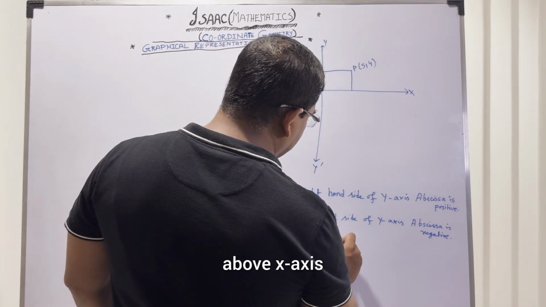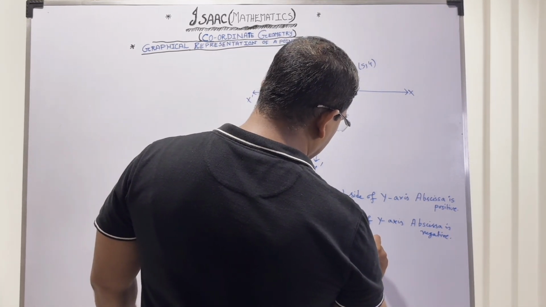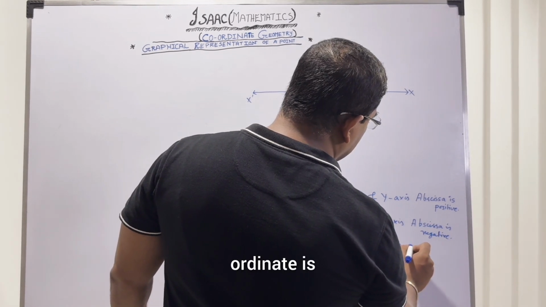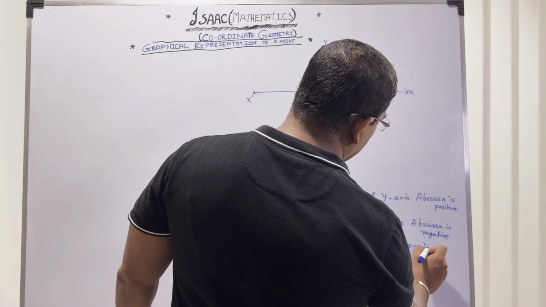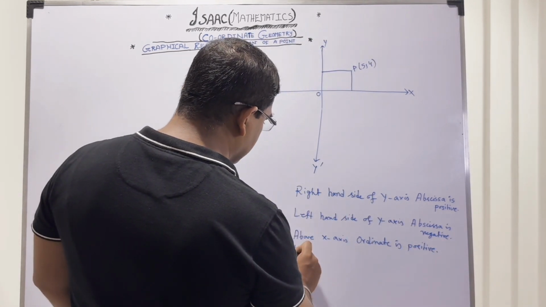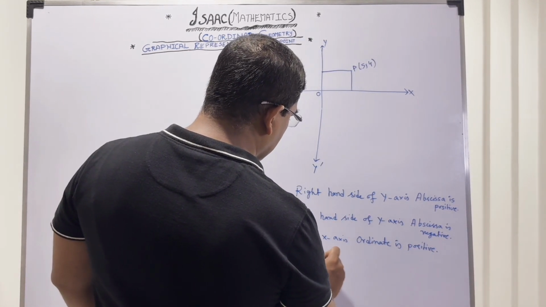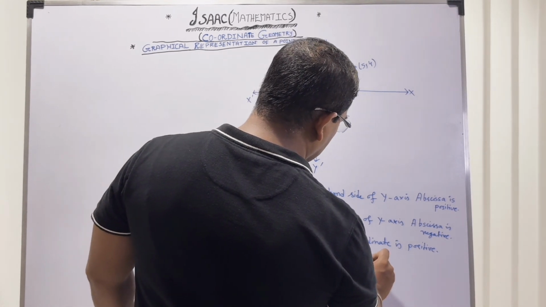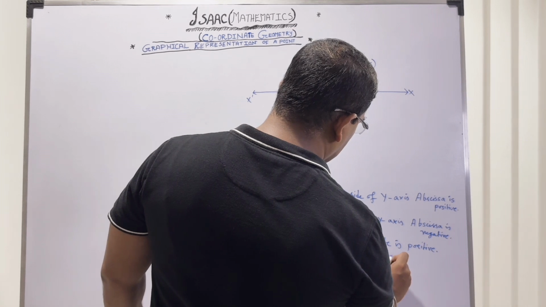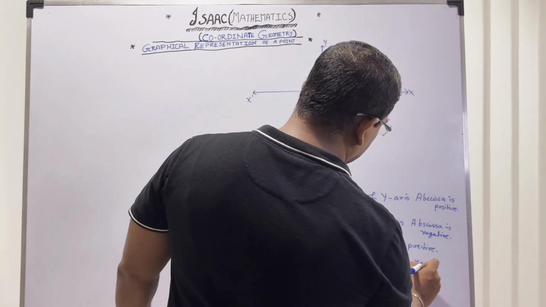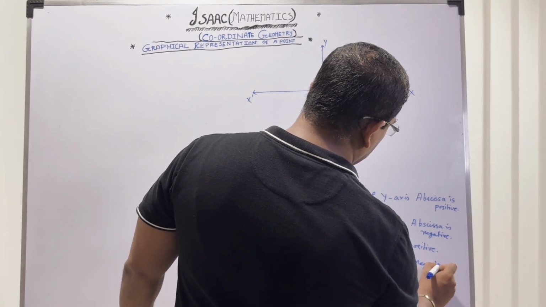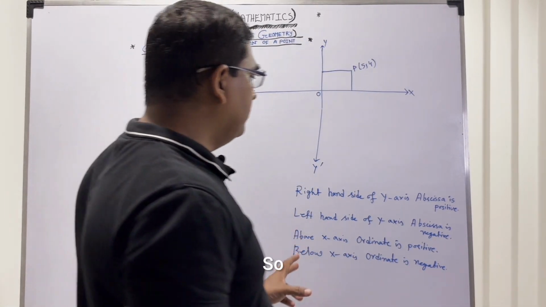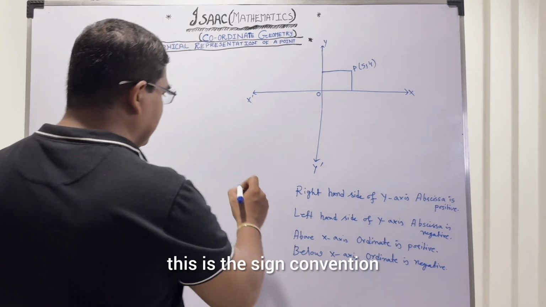Above x-axis, ordinate is positive. Below x-axis, ordinate is negative. So this is the sign convention.